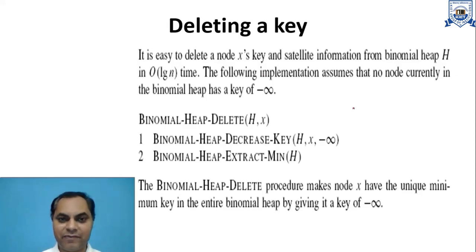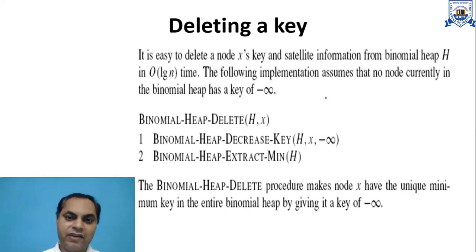Why is it so? Because if you want to delete some key, first of all you have to decrease its value. If you want to delete some node from the binomial heap, you have to decrease its value to minus infinity. Minus infinity means a very low value.